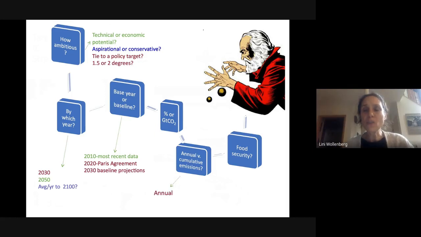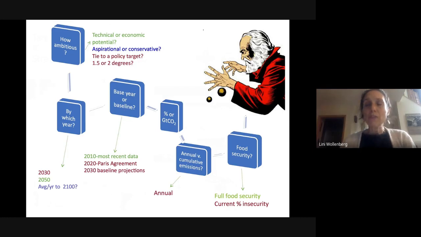The next question is whether you want to look at your target as an annual target, for instance, 1 gigaton or 1 million tons reduction per year, or whether you look at it as a cumulative emissions reduction over, say, 5 or 10 years. And it's much easier to look at annual, especially when we start looking at things like soil carbon.